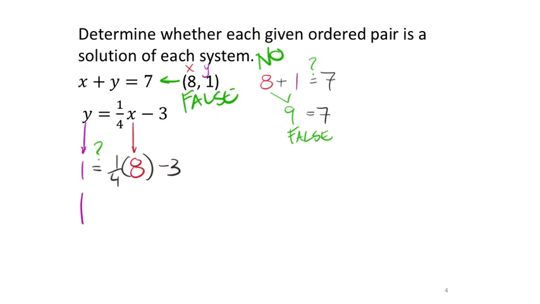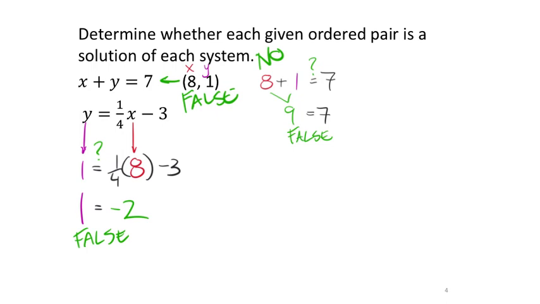And that ends up being 2 - 3, which would have ended up being -1. So this one also would have been false. Now, it could have been true. It was fairly close to being true. But if this one were true, and this one were still false, then the overall thing would still be false, okay? So both of them have to be true in order for the ordered pair to be on the line.